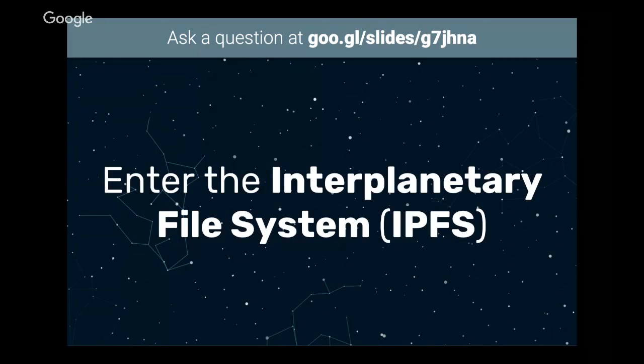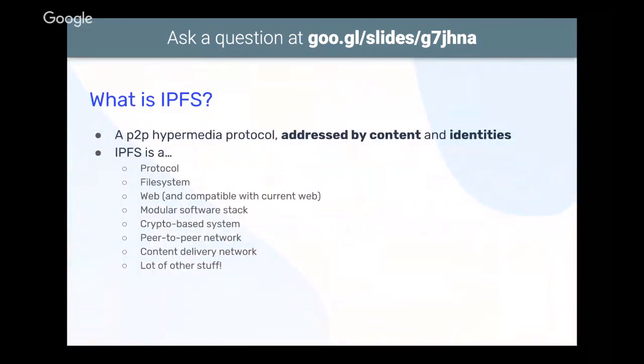But it's actually more like a mashup of, say, BitTorrent, Git, and a whole slew of other technologies and protocols. In general, the project's goal is to become a, or even the, new major subsystem of the internet, potentially even replacing HTTP. We'll see if that comes to fruition. But the idea can be explained as a peer-to-peer hypermedia protocol addressed by content and identities.